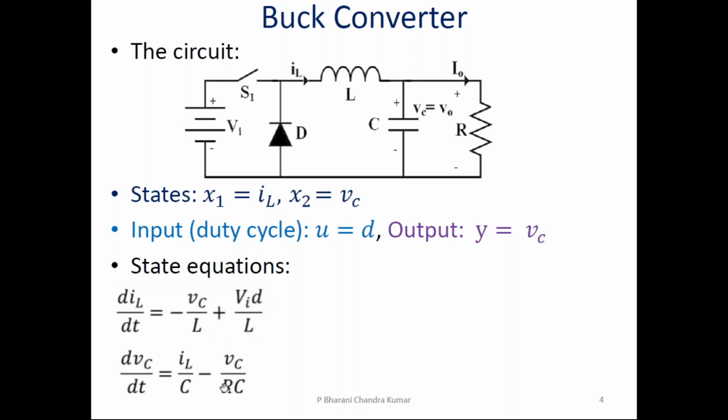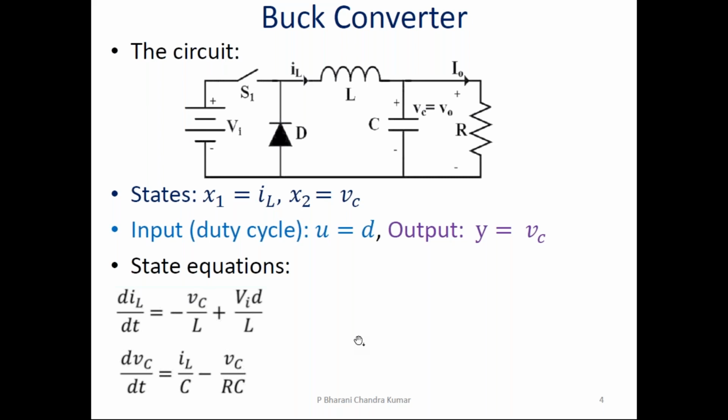And this L, R, and C are known to us. We assume that they are known. And this IL, how do I get this IL? If I integrate this particular state equation, I'll get IL. This VC or V naught, if I integrate the second equation, I'll get VC. So that is how the state equations have been formulated.